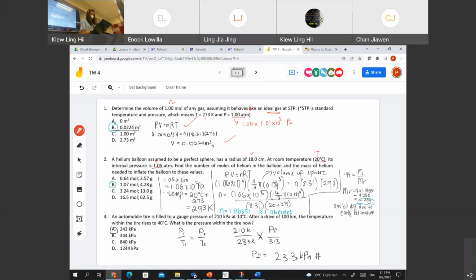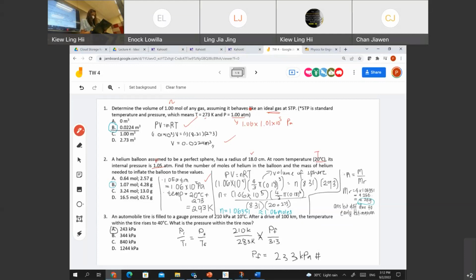In order to find the number of mole, use the ideal gas law, so n equals PV over RT. R is constant, P is given as 1.05 atm, convert to SI unit.